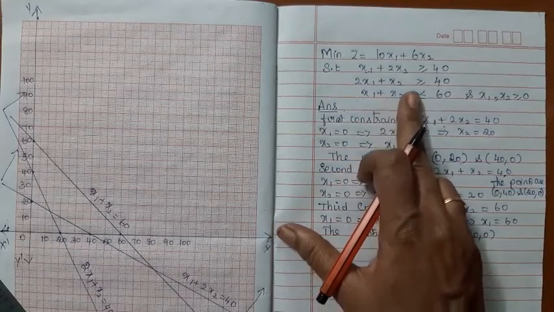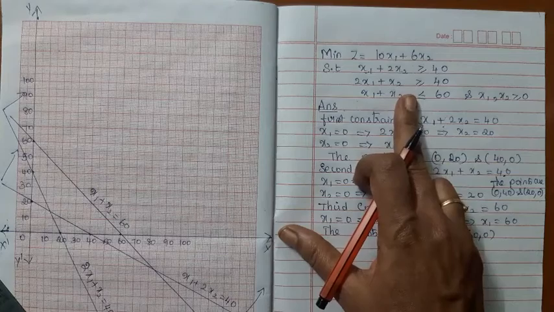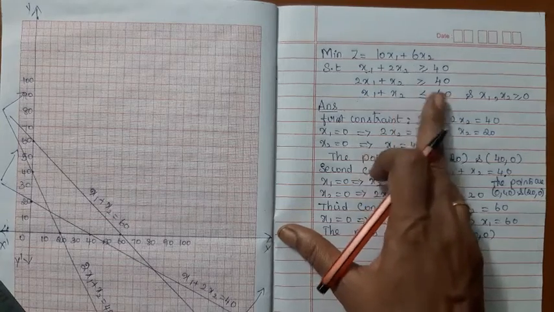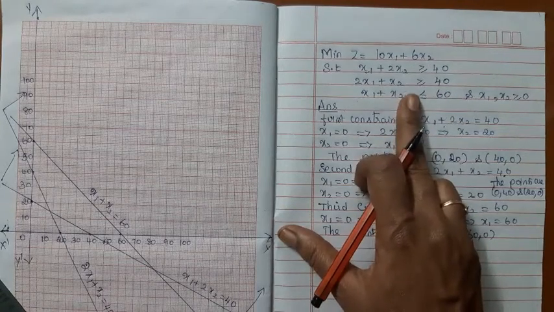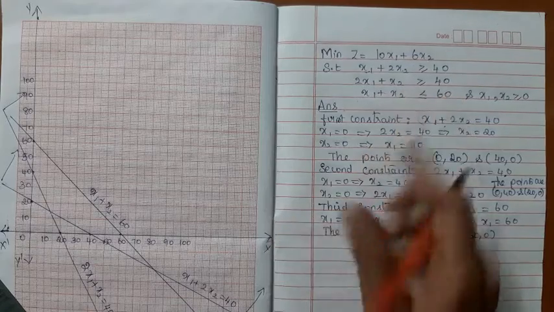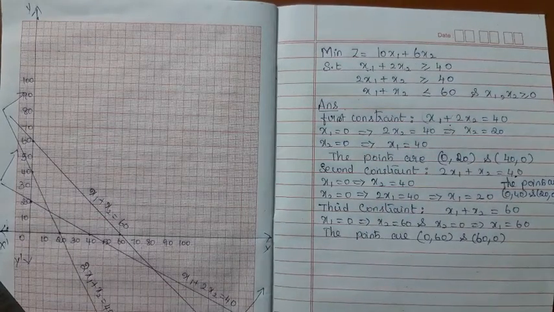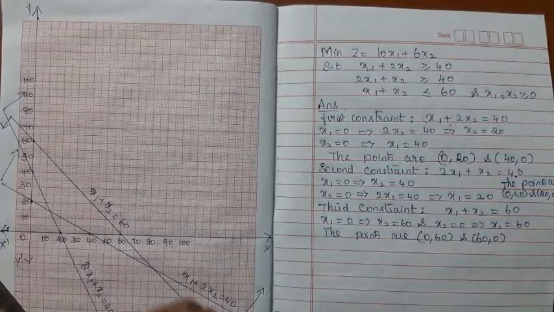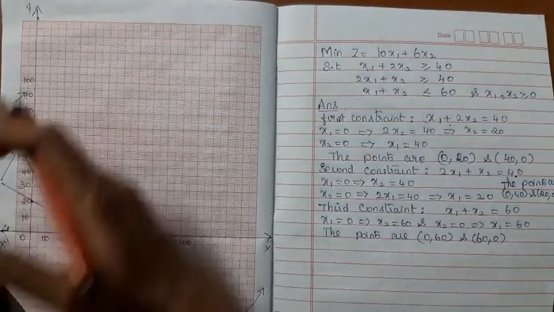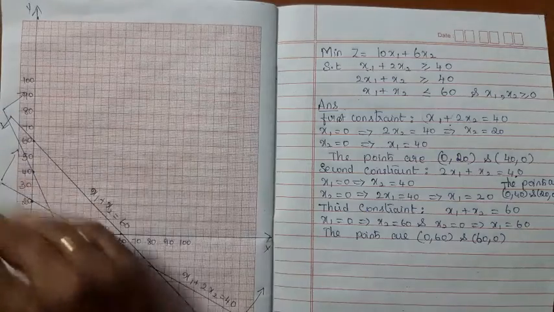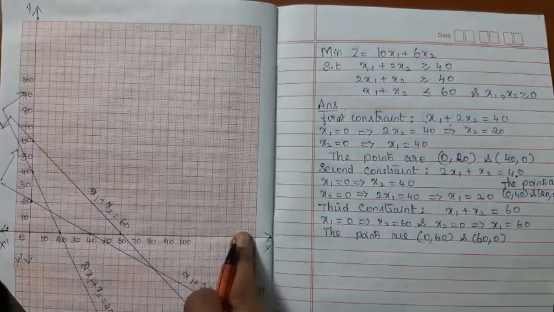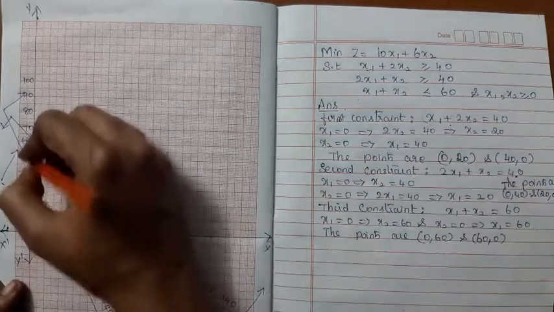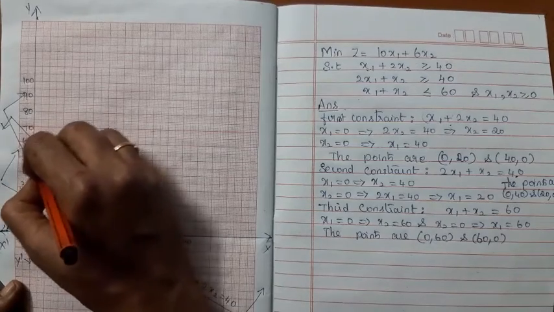You get the answer as 0. The question says your answer should be less than 60. Yes, 0 is less than 60, so put an arrow facing the origin. The condition is satisfied. Now your region is above these two lines and below this line, and as usual it should be in the first quadrant. So this is your area.